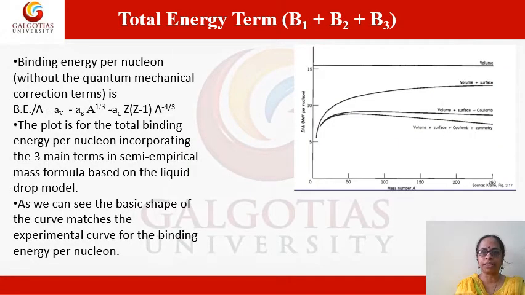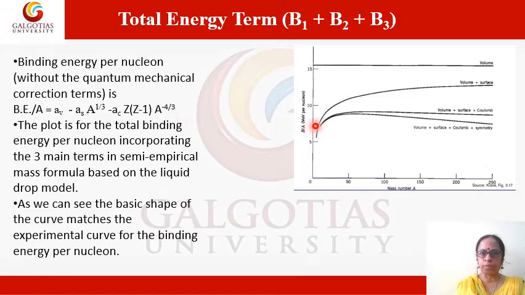So total energy term, which comprises V1 plus V2 plus V3. So we will get binding energy per nucleon, BE by A, equal to AV minus AS A to the power 1/3 minus AC Z(Z minus 1) A to the power minus 4/3.